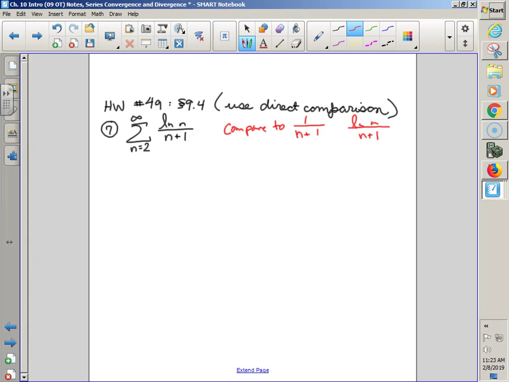Now, what do you hope the relationship is? Do you guys know who this is? You can't use p-series exactly. I mean, you can indirectly. You compare. Smaller, bigger diverges.